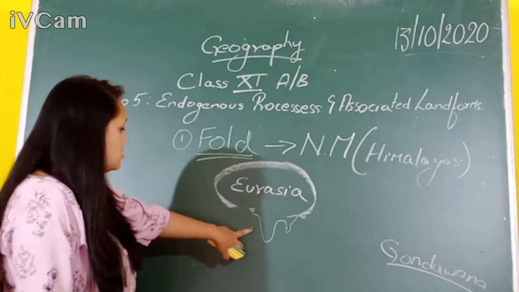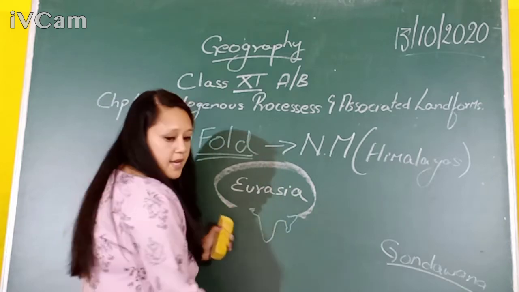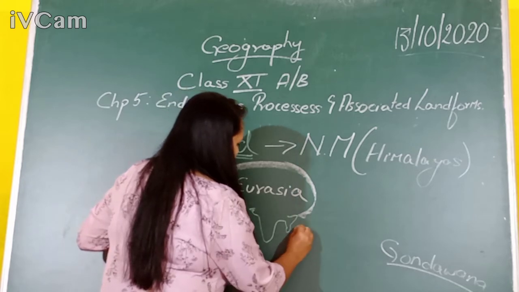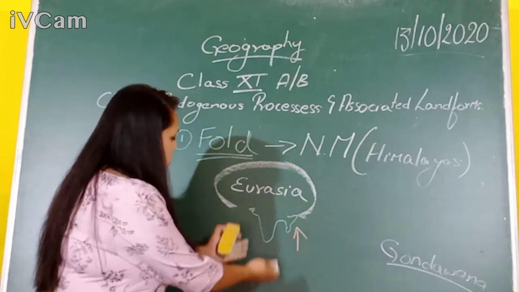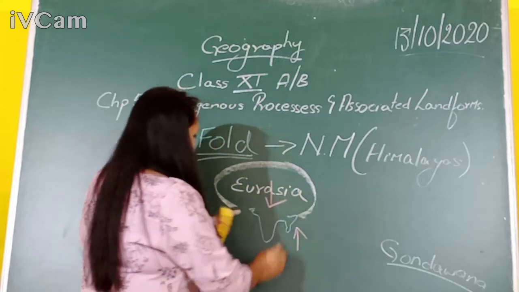Now this Gondwana landmass started moving upwards. You can see that the force that is acting is towards the same point. The force is moving this landmass upwards, and this force is moving this landmass downwards.